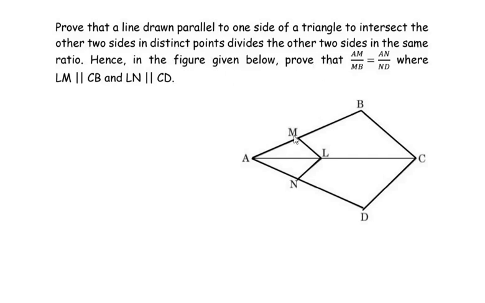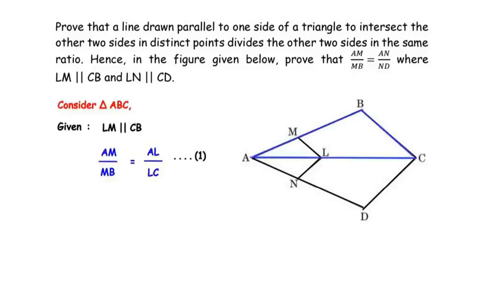Here we have to prove that AM over MB is equal to AN over ND, and it is given that LM is parallel to CB and LN is parallel to CD. So here let us focus on the first triangle, that is ABC. So consider the triangle ABC. Once we have proved the basic proportionality theorem, we have to focus on the second part.